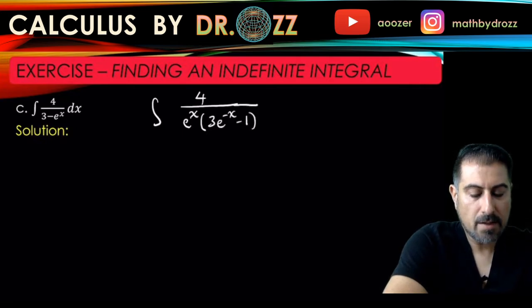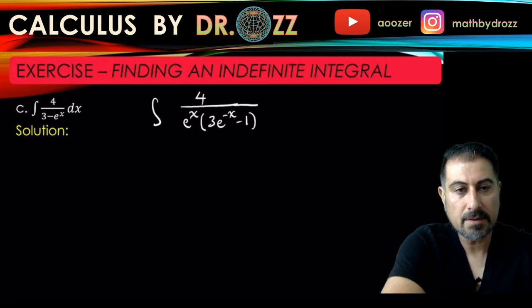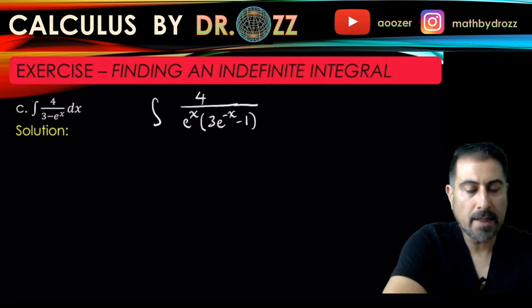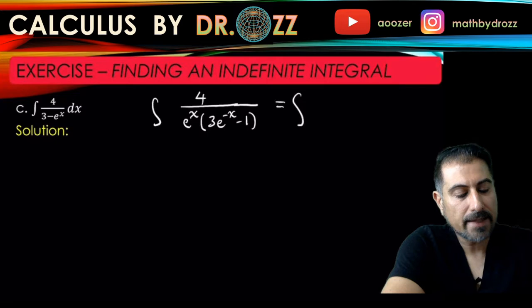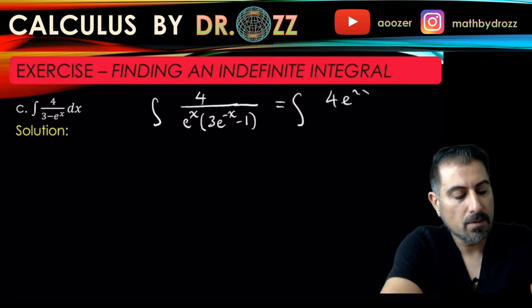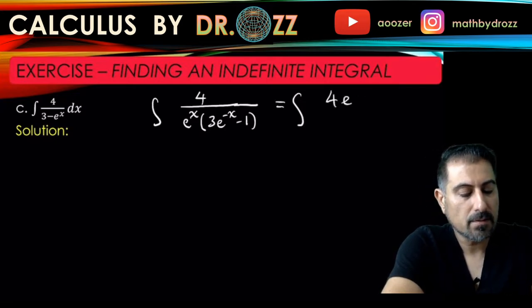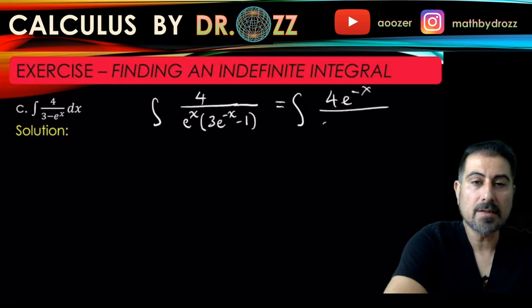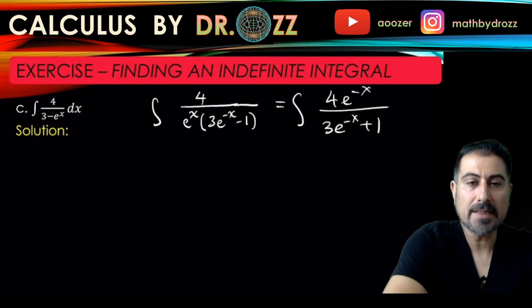Then e to the x in the bottom can be sent to the numerator by changing the exponent to negative x. So what I mean by that is I can rewrite this as 4 e to the minus x, and then the bottom is still 3 e to the minus x plus 1.